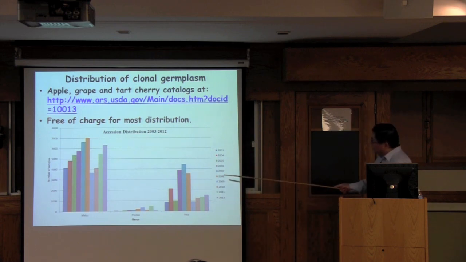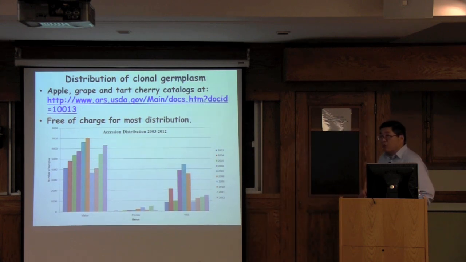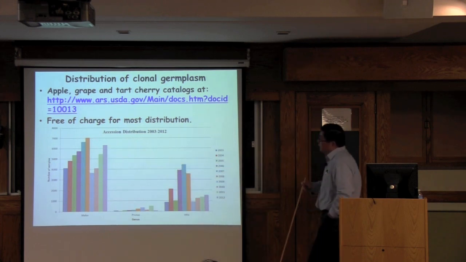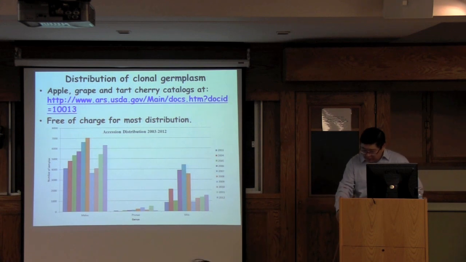As you can see, back in 2007 and 2008, combined, we distributed over 11,000 samples in those 2 years. In the last 2 years, we distributed over 9,000 accessions per year. So that's a lot of work, a lot of material.